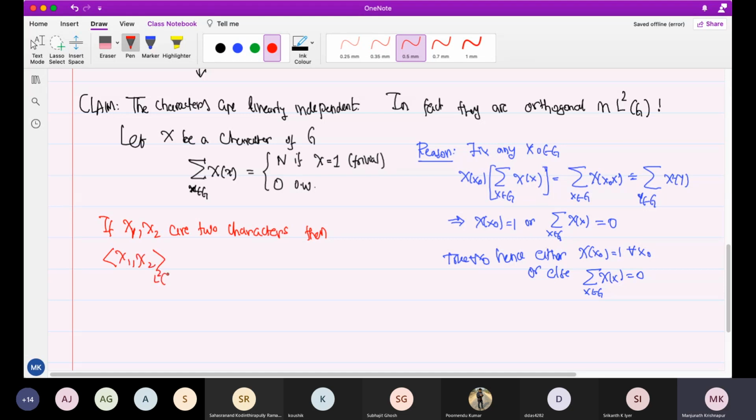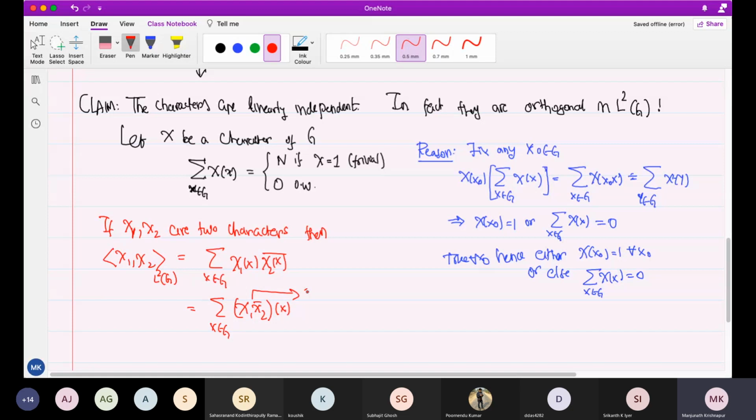By definition, that is just the sum over x in G of chi1 of x times chi2 of x conjugate, which you can take as chi1 chi2 bar of x.